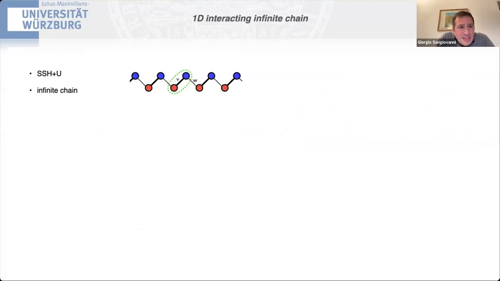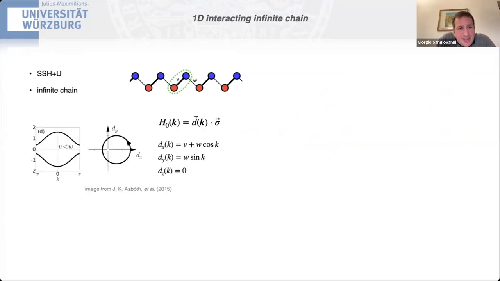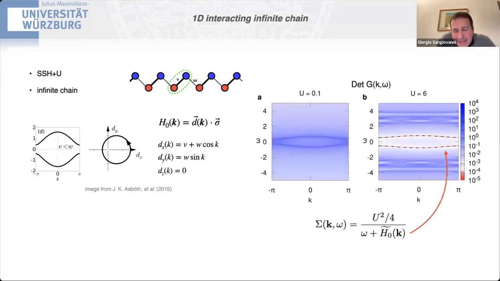So let me start to illustrate what happens in an exactly solvable one-dimensional chain. So I take an SSH chain like this, and here we have a winding number that we can define again from our vector D, whether or not it encircles the origin of the plane. And let me show this determinant that is, as I said, a good way to show isolated poles.